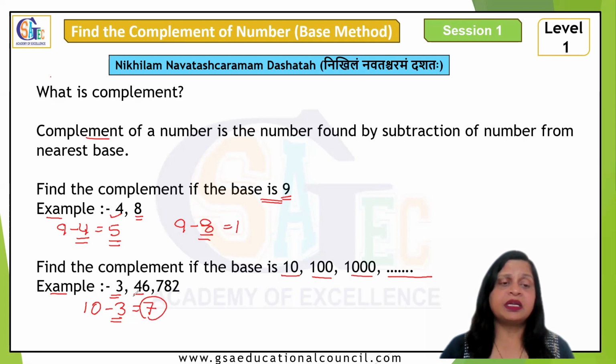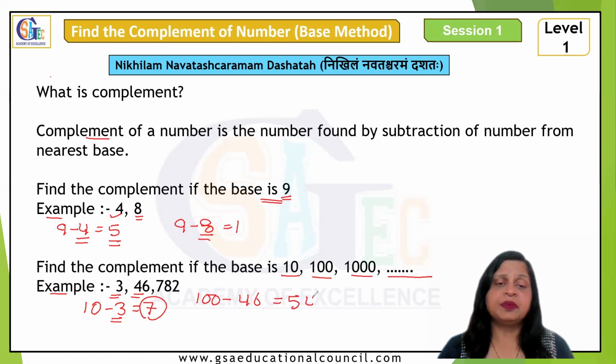Now the next example is 46. The nearest base of 46 is 100. So 100 minus 46 is 54. It means 54 is the complement of 46. Now the next example is 782.